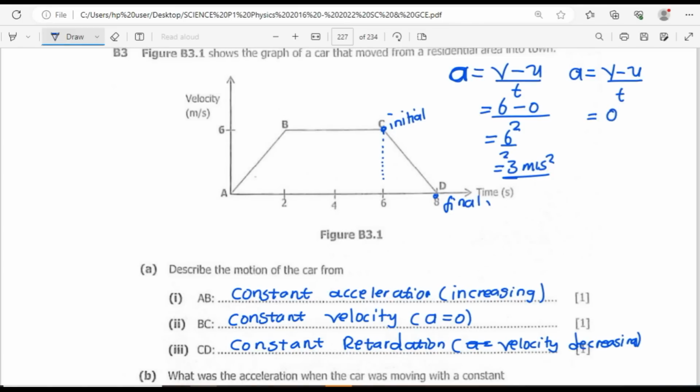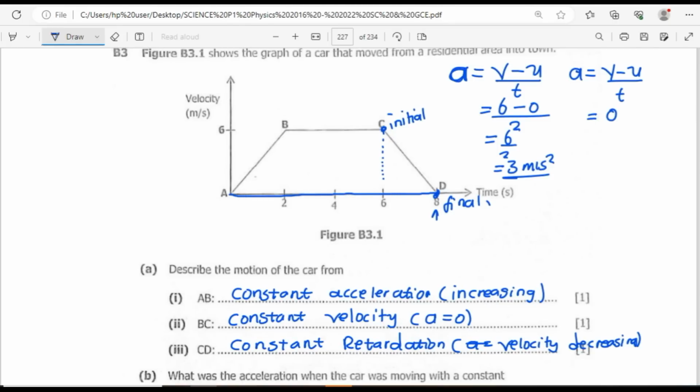So whenever the line touches the x-axis, you have to make sure that where there is final velocity, you put 0. So do not confuse the final velocity with the number here. This number here shows the time. So for you to get the value of velocity, you need to go to the y-axis.